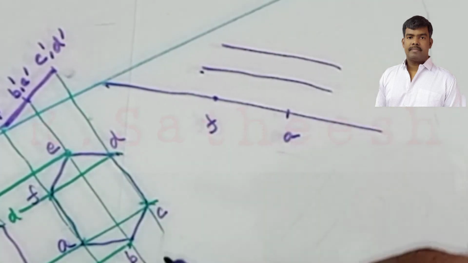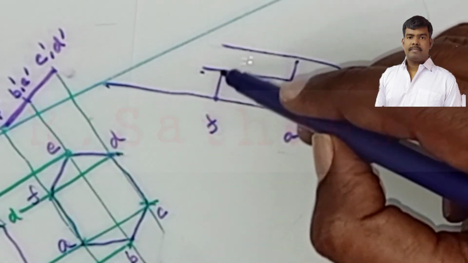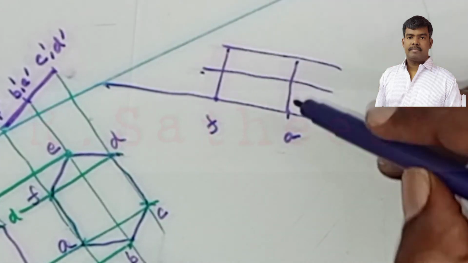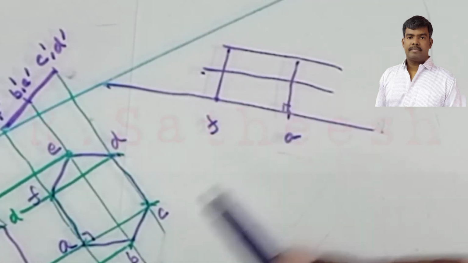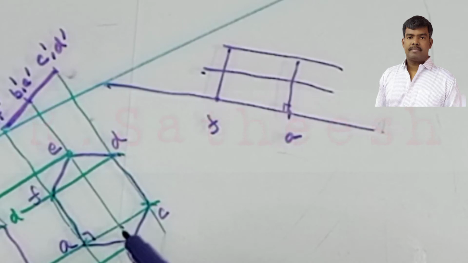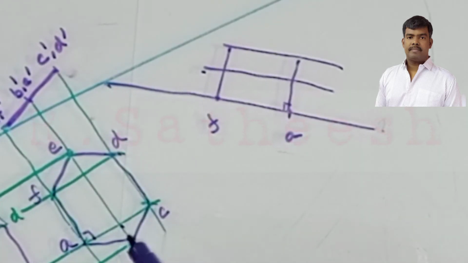Understand? Similarly, you draw a perpendicular, this is the perpendicular line. Next, from here to here, how much? Many methods are there, a grid formation or otherwise the arc method, whatever method you feel easy, follow it.